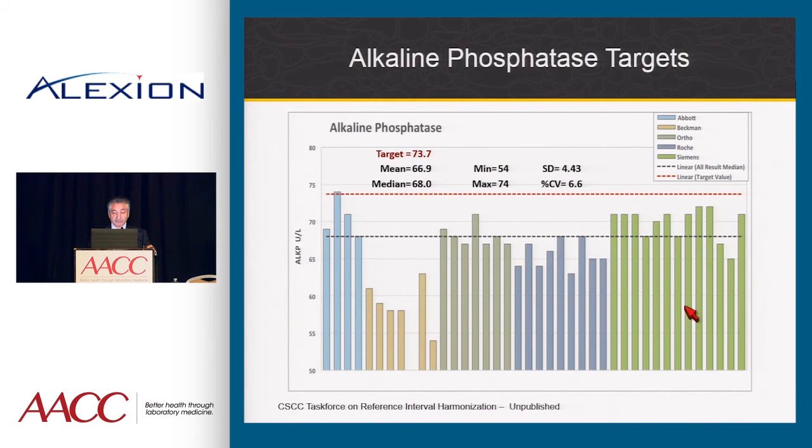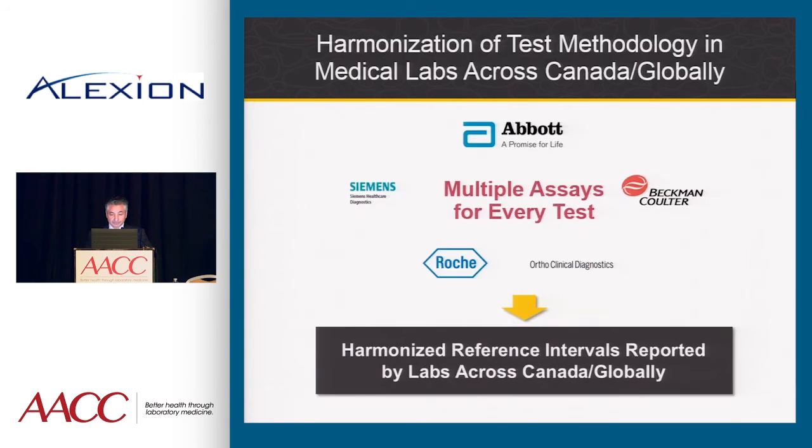The target for this was based on a reference method. It was determined to be 73. The level should have been read as 73, but you can see that there was significant variation in what levels were being measured by different labs across the country. Particularly problematic were the Beckman users, but you can see significant variability with others as well. Only some labs were able to meet the target. So there is a calibration problem as well as a reference interval problem with labs.